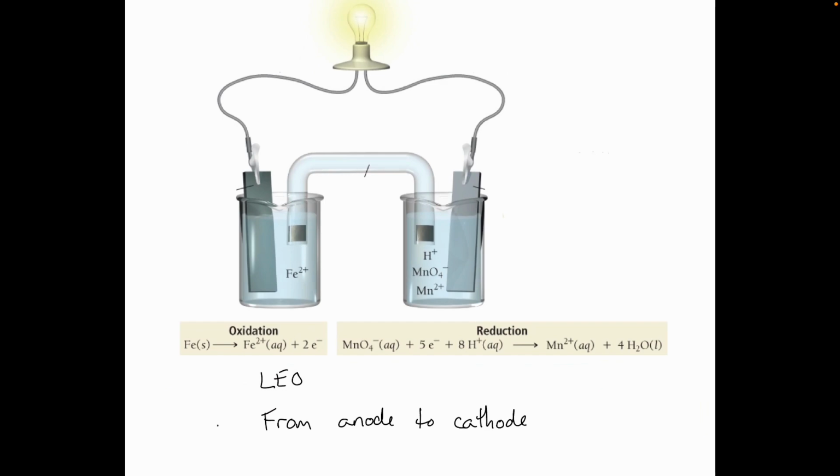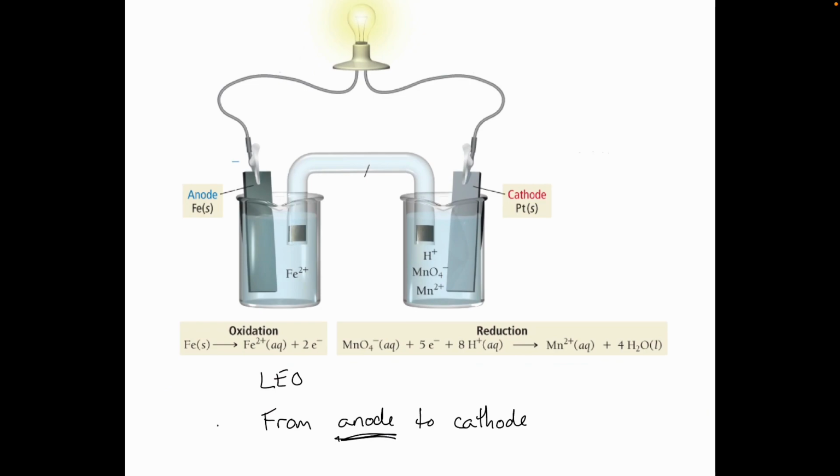If you can remember those two things, that means my oxidation reaction is what's losing the electrons. So the electrons start at my anode and they flow to the cathode. So my reduction reaction takes place at the cathode.